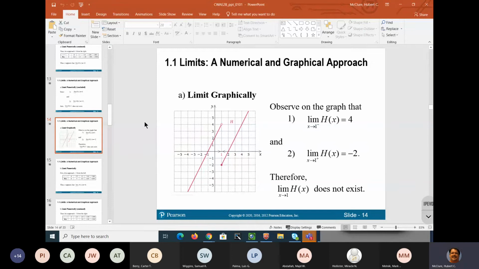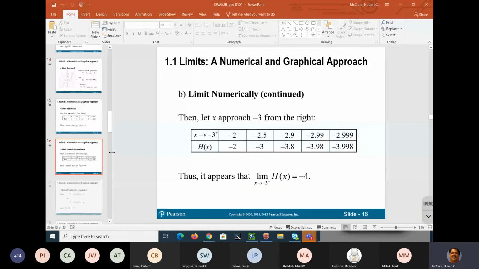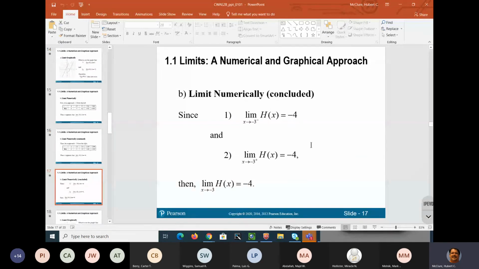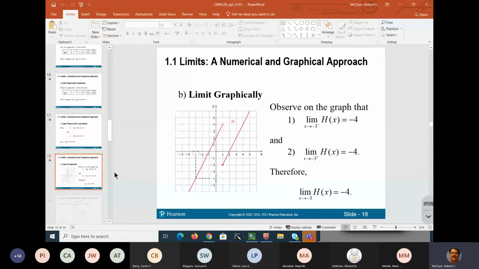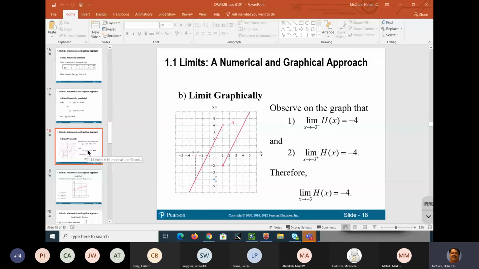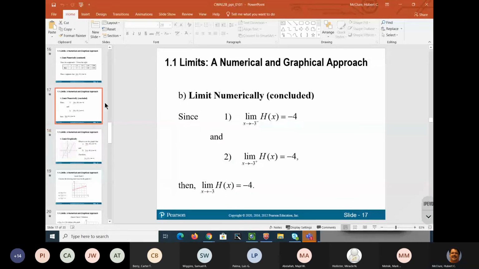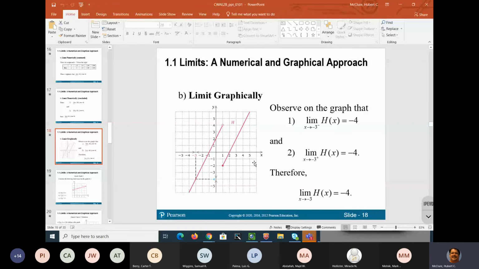Okay, let's see if they give you a graph on this one. Same thing here. What happens when I approach 1 from the right? I get negative 2. Well, what are they saying?